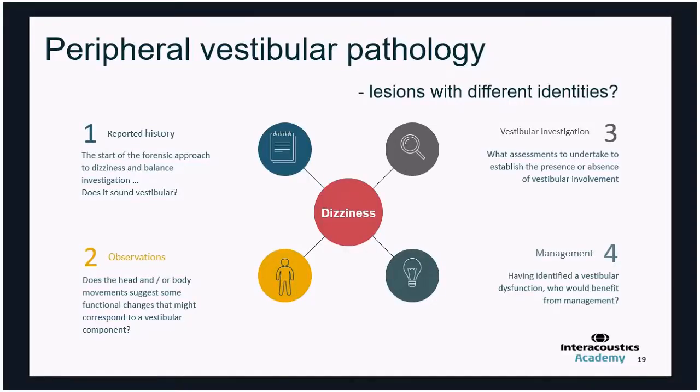Through our reported history and interview with the patient, we start to get a feel for whether we believe that this has a vestibular component. And that in itself can lead us to think of other observations that we may be able to see functionally with the patient if we believe there is a vestibular component to their reported symptoms.